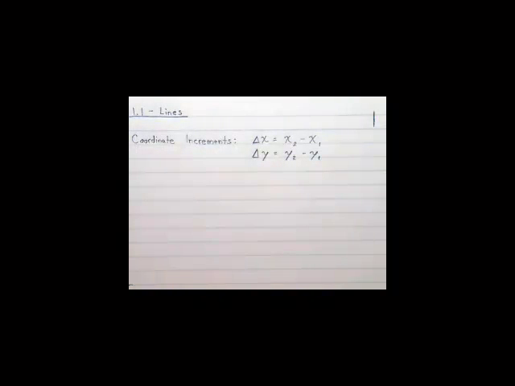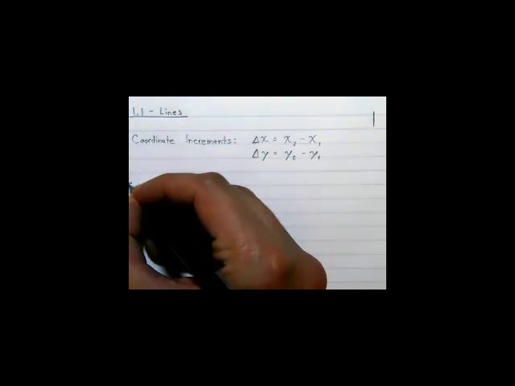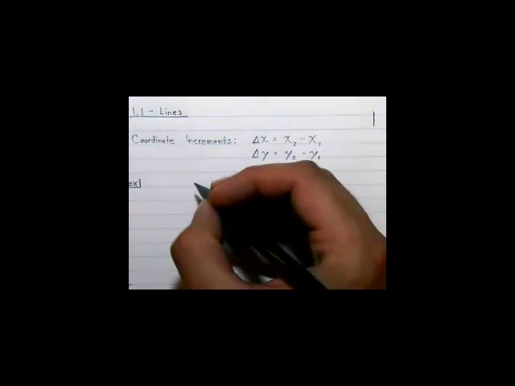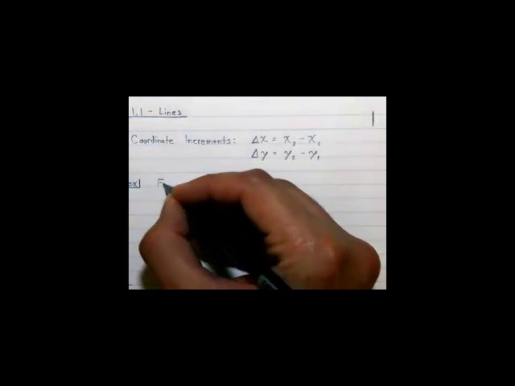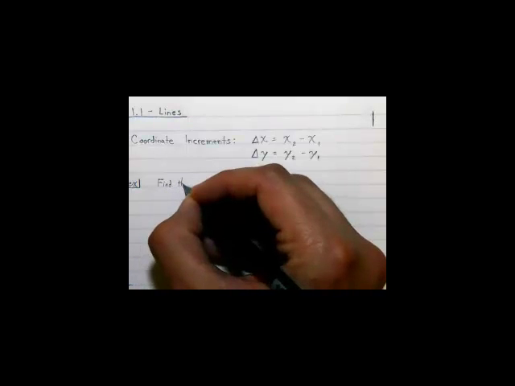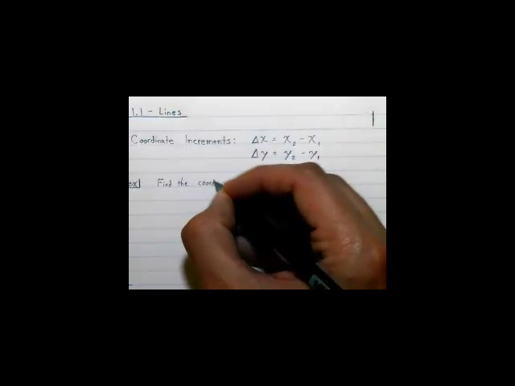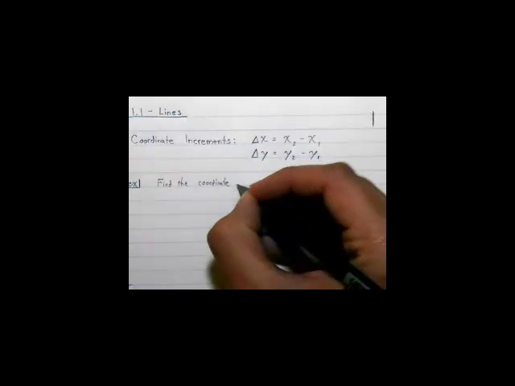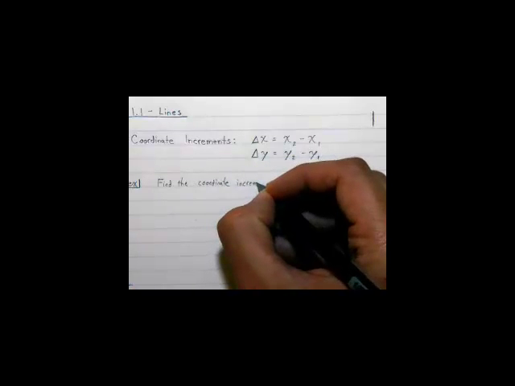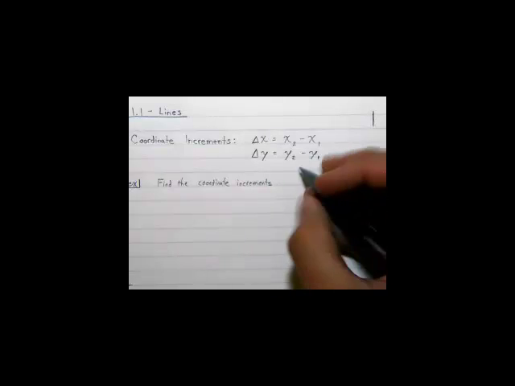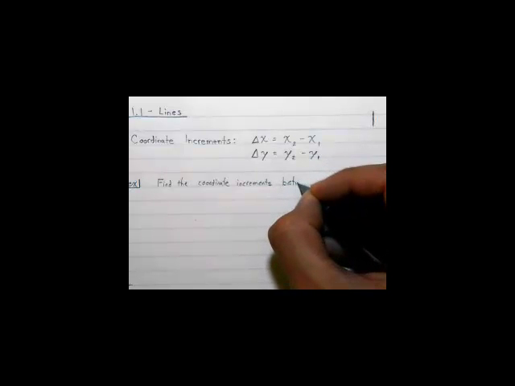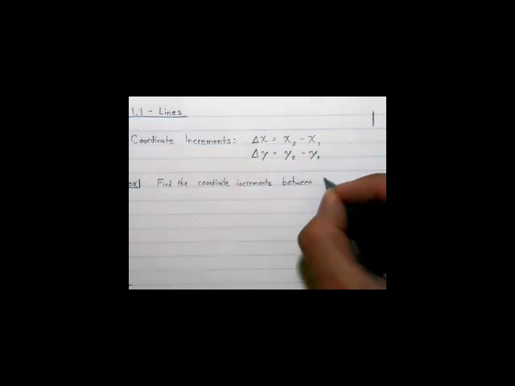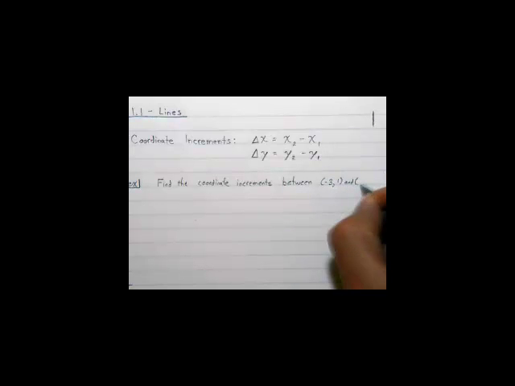Okay, so as an example then, we're going to find the coordinate increments between -3, 1 and 4, -2.